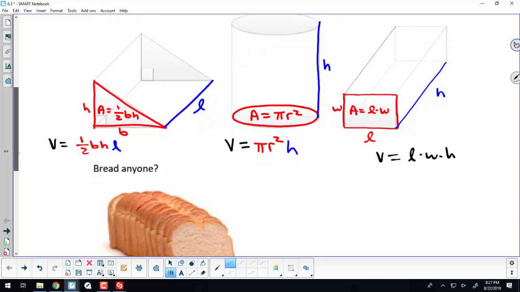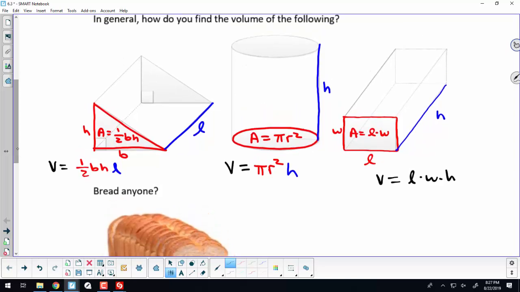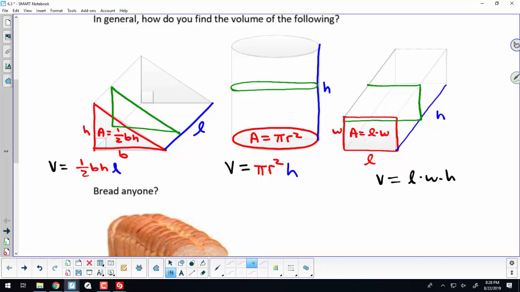Okay. Notice what's true about all of these figures is that no matter where I cut into them, all of the cross sections are the same shape. If I cut into my cylinder, no matter where I cut into it, all of the cross sections are going to be circles. If I cut into this, everything is a rectangle.